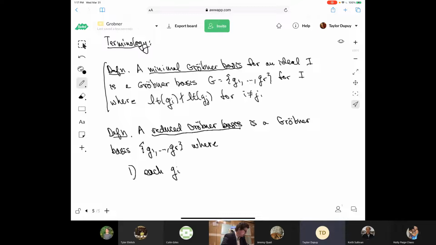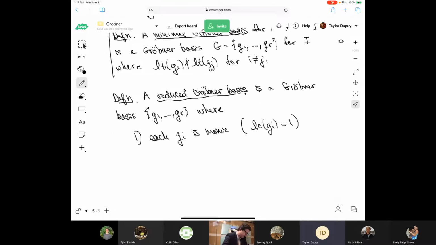So that means that the leading coefficient of GI is 1.